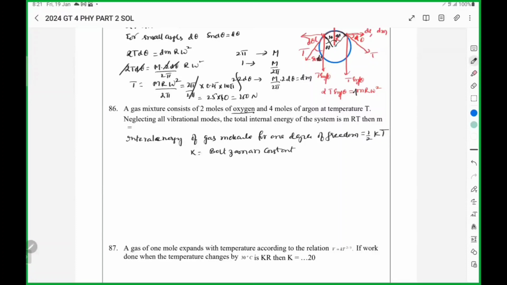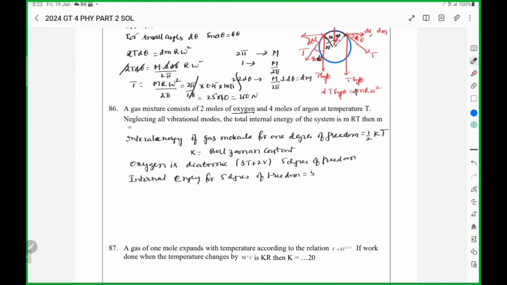Here oxygen is diatomic. So 3 translational, 2 rotational, 5 degrees of freedom. So internal energy for 5 degrees of freedom is 5 by 2 kT.